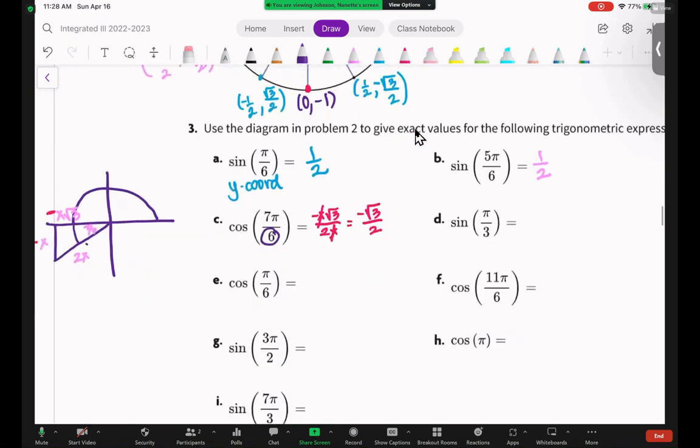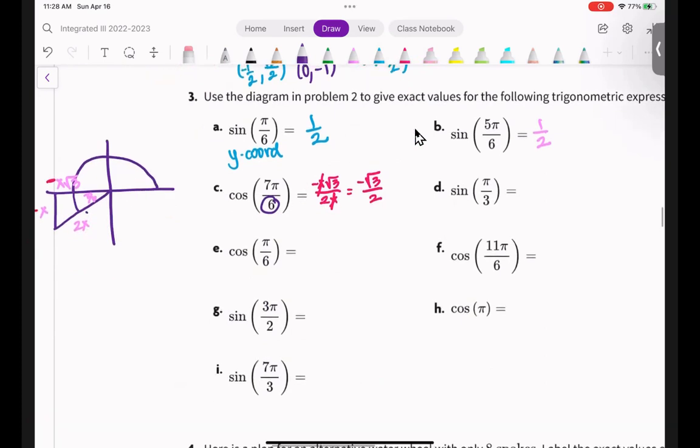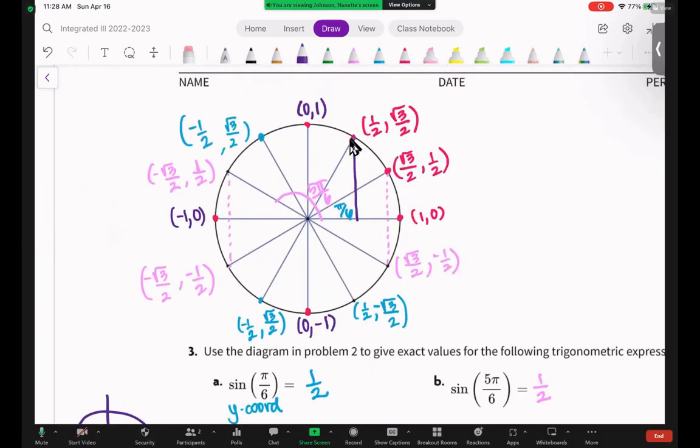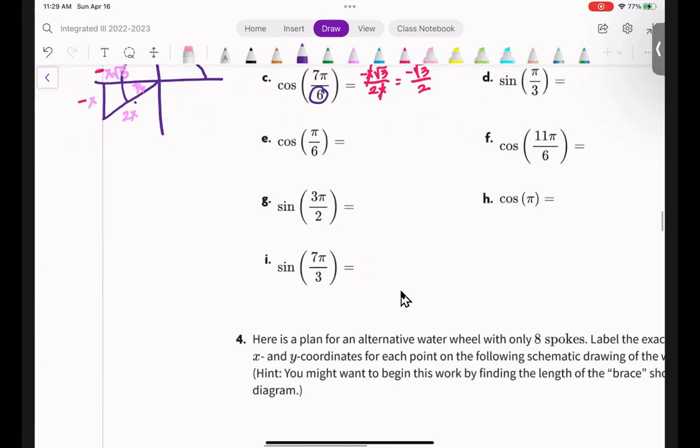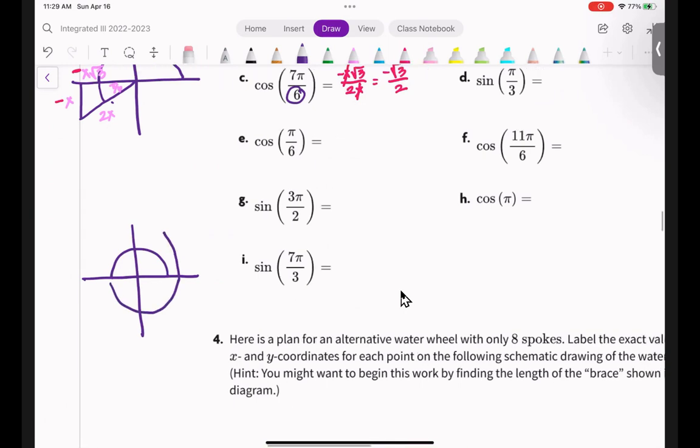So going back here, they say, can you find me the sine of 7 pi over 3? Well, the sine of 7 pi over 3 is just going to be root 3 over 2. The other reason why I like doing this is, if you notice when I was counting, I was a little bit off. So if I look at how many whole pies is 7 pi over 3, this is 3 pi over 3, this is 6 pi over 3, and then I get a little bit more with 7 pi over 3.